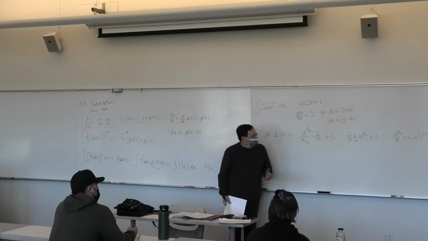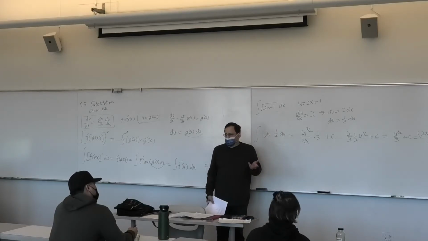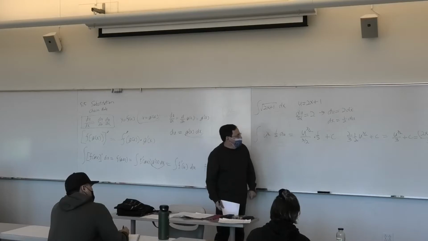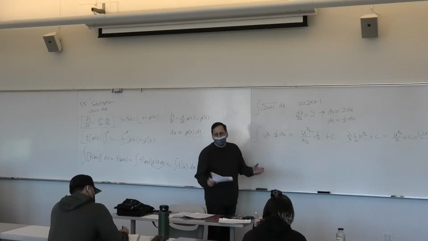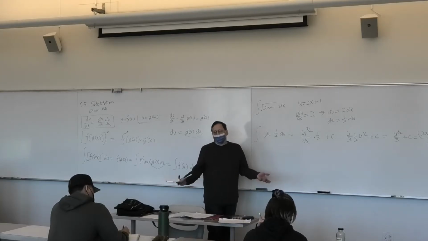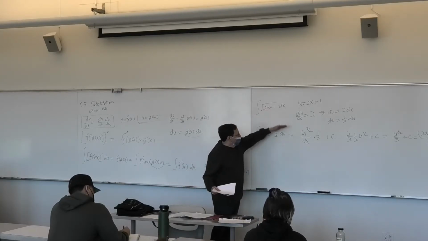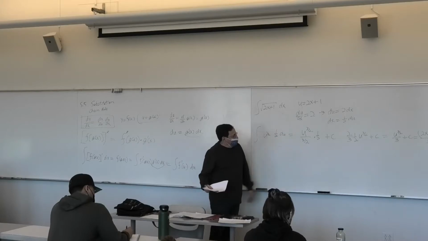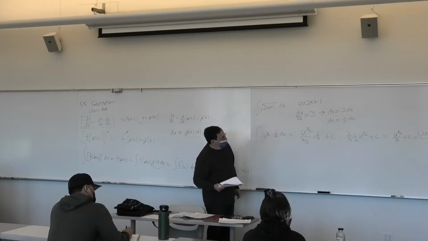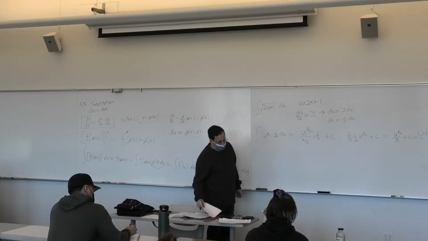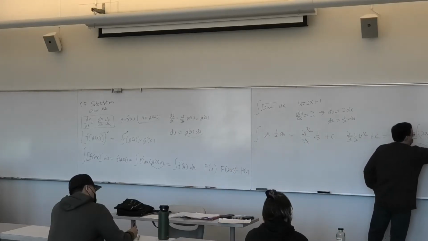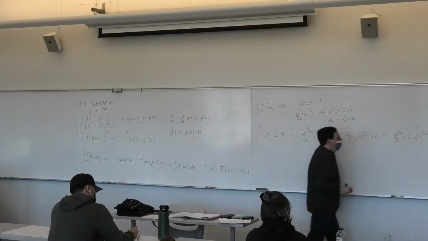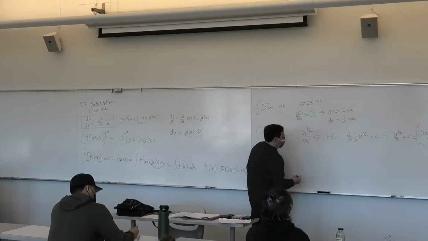Now that seems a little magical, and so when you do these, there's a lot of room for minor error, so it's a good idea to check. And we have a straightforward way to check this. We just look at our result and find the derivative. So let's do that.